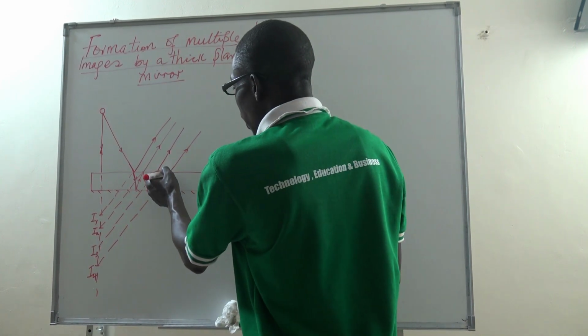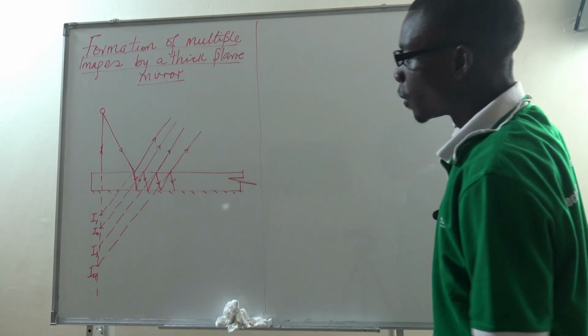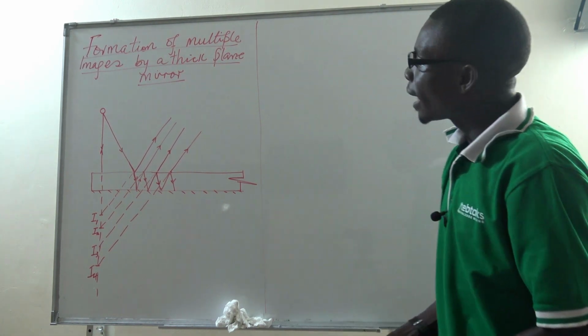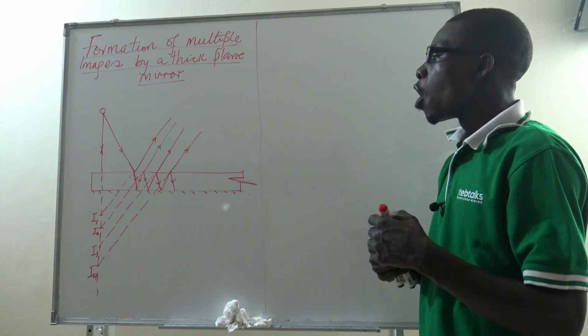So that means even this one here will be coming to this other side, and the process continues. In such a case, we shall say that our thick plane mirror is forming multiple images.